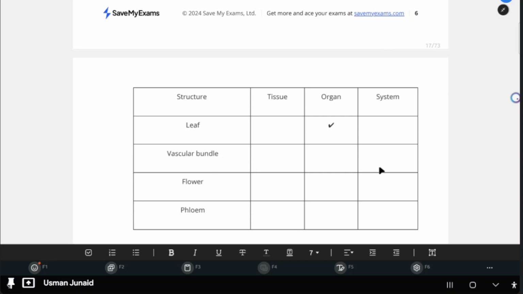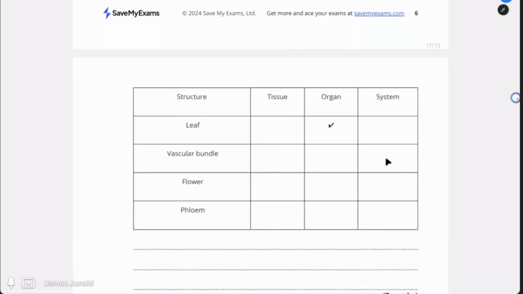It is the transport system of a plant. Flower, is it an organ or a tissue? It's an organ. And what about phloem? It's a tissue. Yes.